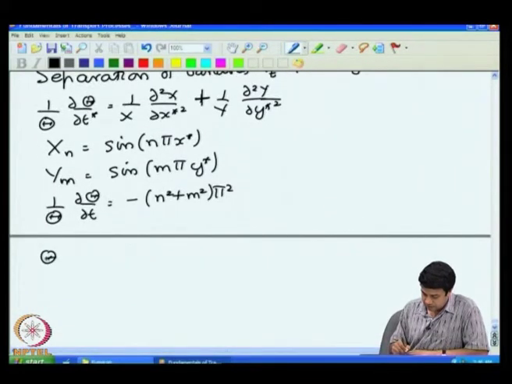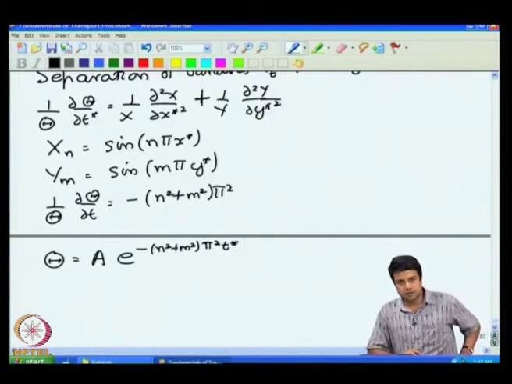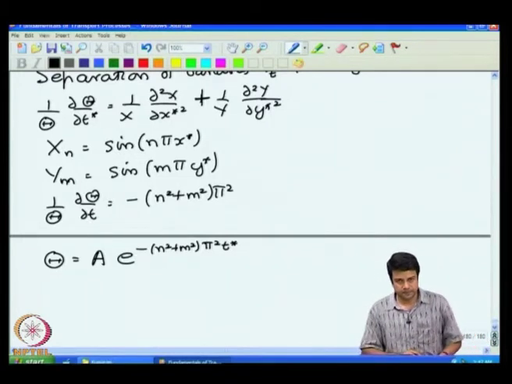Which means that theta is equal to some constant, let us call it a, e power minus n square plus m square pi square t star. So, that is the final solution for theta.